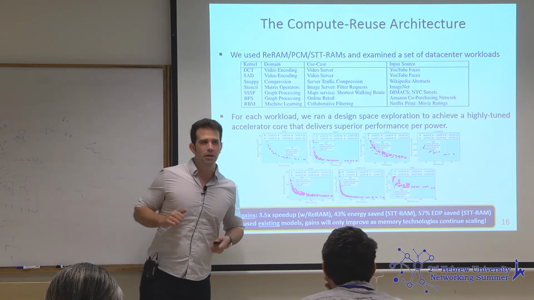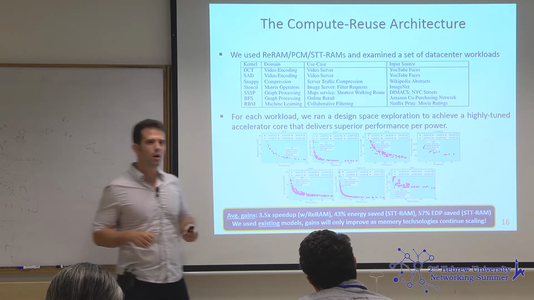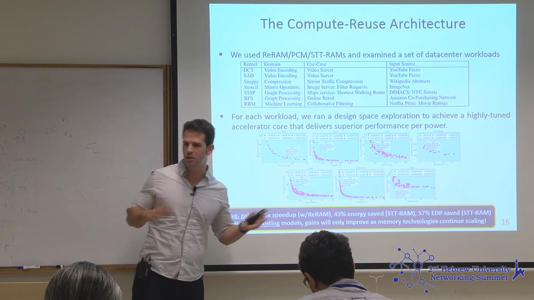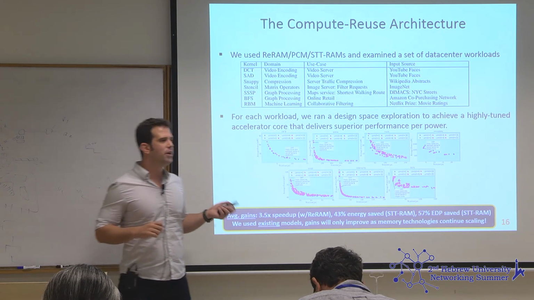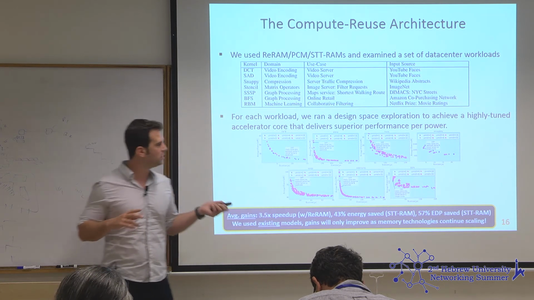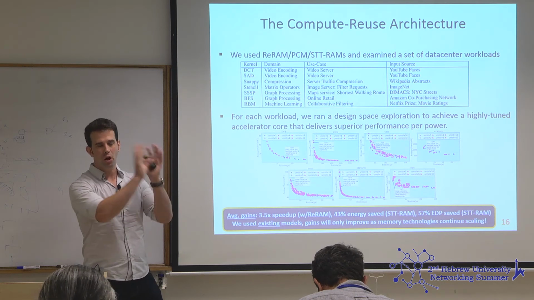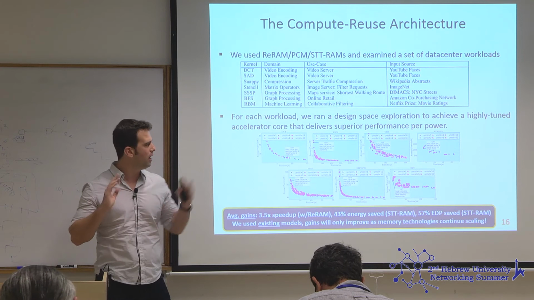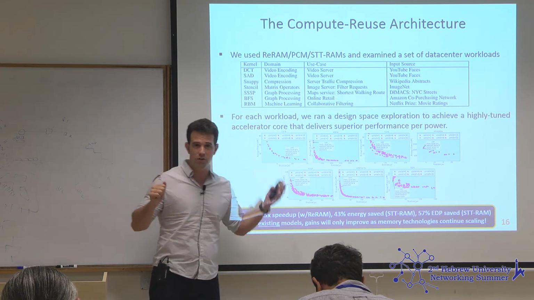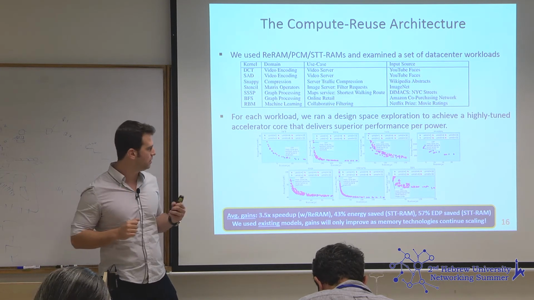So finally, let's talk about our evaluation. We evaluated some common benchmarks that are commonly used in data centers. For each workload as a baseline, we did a design space exploration of tailoring a core around a given RTL for every specific task, because we want to simulate an accelerator that is highly tailored to a specific task.